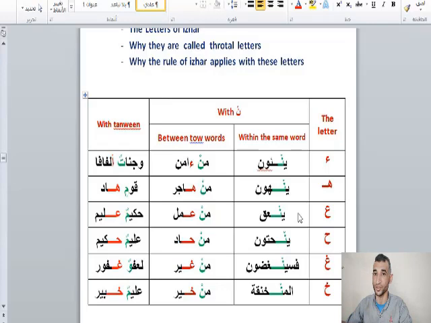And you saw that we pronounced the consonant noon and tanween without any problems or without an extra ghunna or margin of leben. Just pronounce it normally.